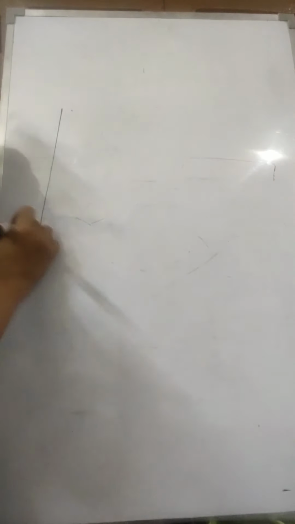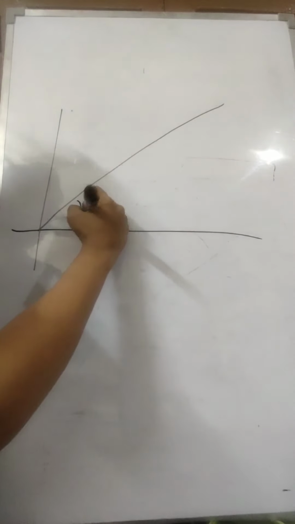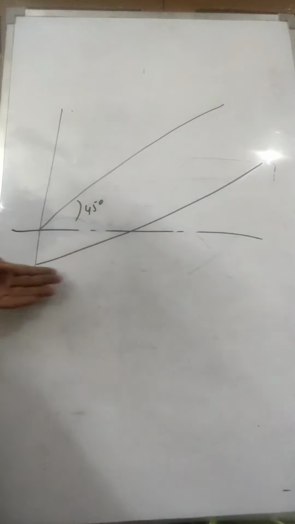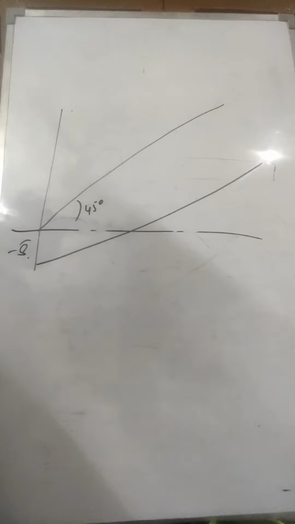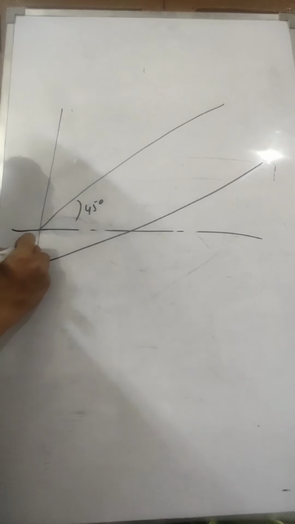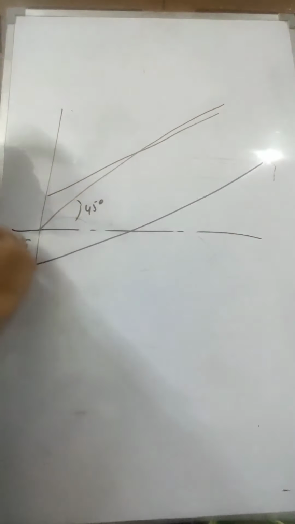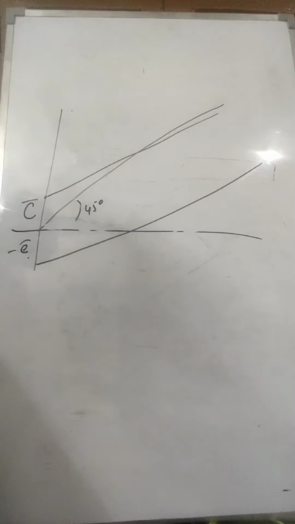Okay, so I am drawing the curve so that you can understand it. This is my 45-degree line, so I will write 45 degree here. This is my disinvestment curve where my savings are negative, so I will mark it with negative S. Or I can mark it with negative C bar, because this C bar is always equal to minus C bar, and these curves are mostly parallel to each other.